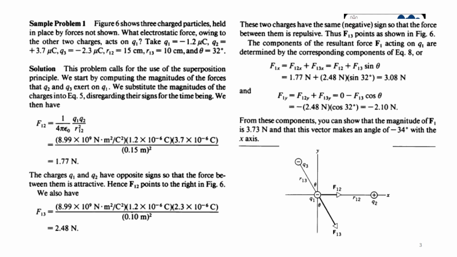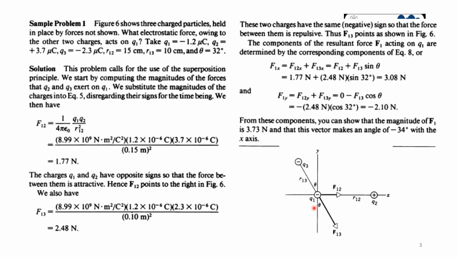Figure 3 shows 3 charged particles held in place by forces not shown. What electrostatic force owing to the other 2 charges acts on Q1? Means these are 3 charged particles, Q1, Q2 and Q3.